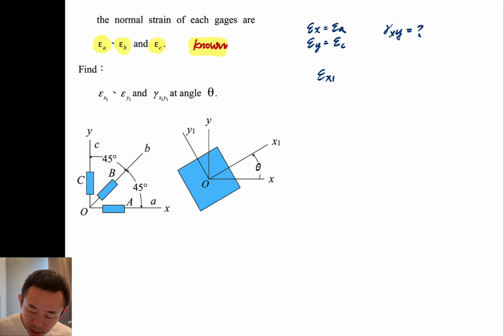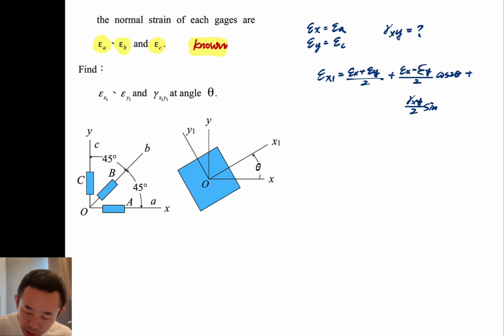Epsilon x1 equal to epsilon x plus epsilon y divided by 2, plus epsilon x minus epsilon y divided by 2 cosine 2 theta, plus gamma xy divided by 2 sine 2 theta.